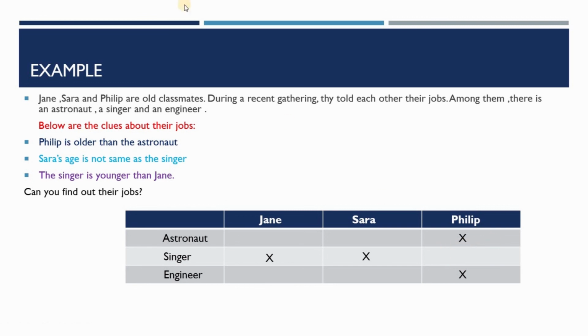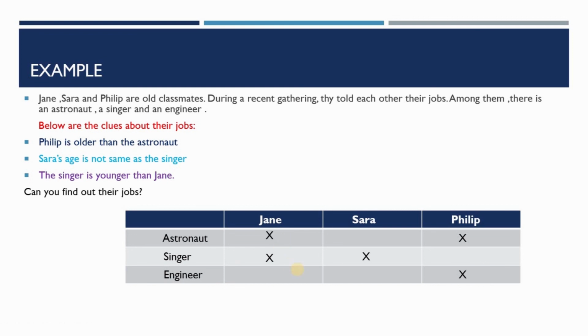So if Philip is the singer, then Philip is younger than Jane, right? And also Philip as a singer is older than the astronaut. So if Philip is younger than Jane and is older than the astronaut, Jane cannot be an astronaut, right?